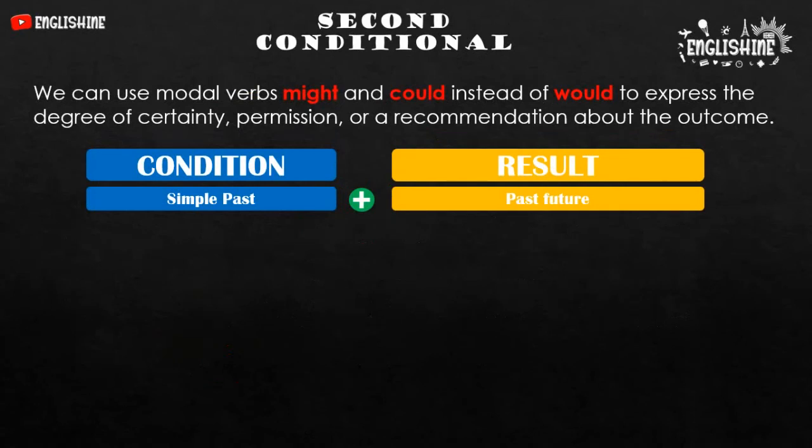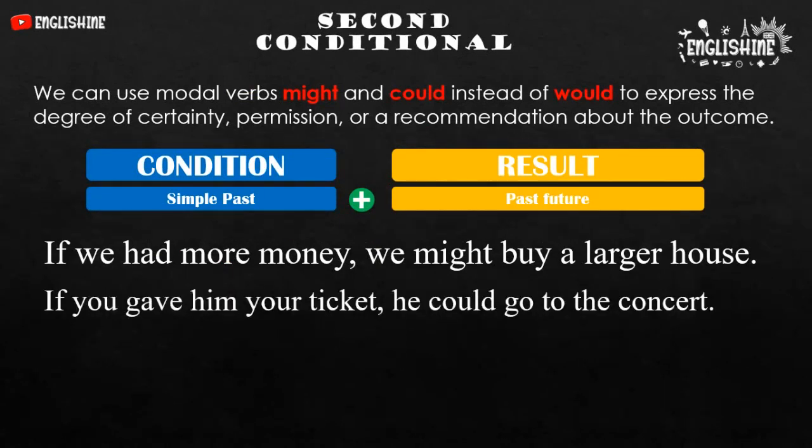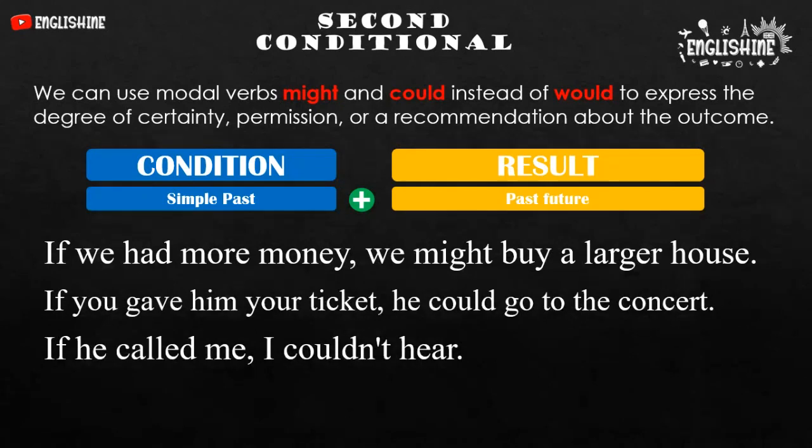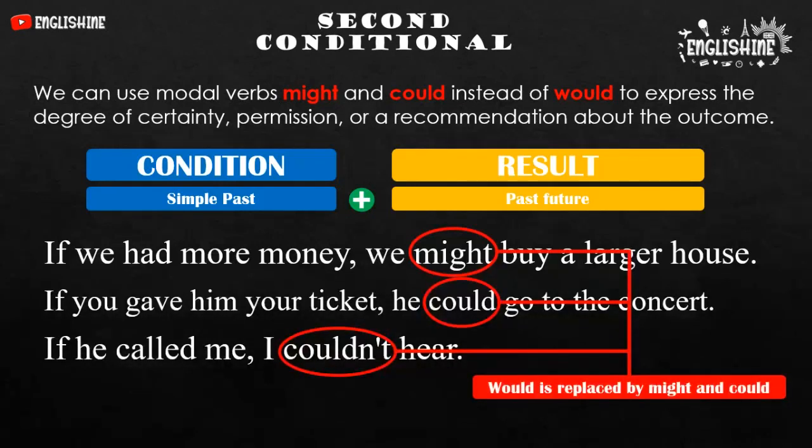I put the condition at the beginning of the sentence this time. If we had more money, we might buy a larger house. If you gave him your ticket, he could go to the concert. If he called me, I couldn't hear. See the words here: might and could replace would.